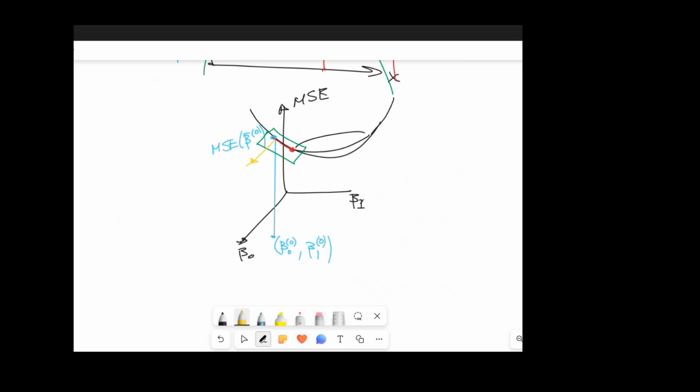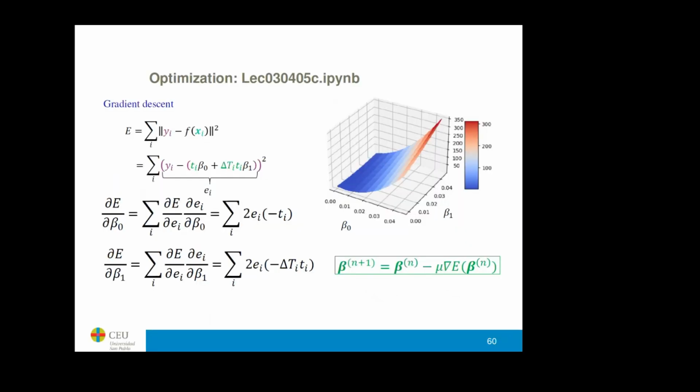The gradient is somehow telling you what the plane is. So you are approximating this by a plane, and then I will go from where I am plus a little bit. And this little bit is determined by the gradient of the error function multiplied by a small step. Okay, what is the gradient?